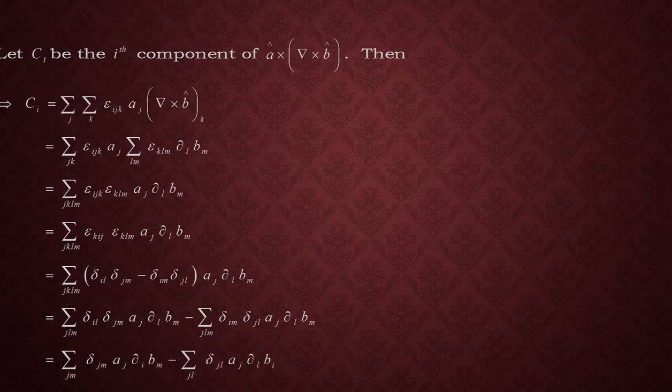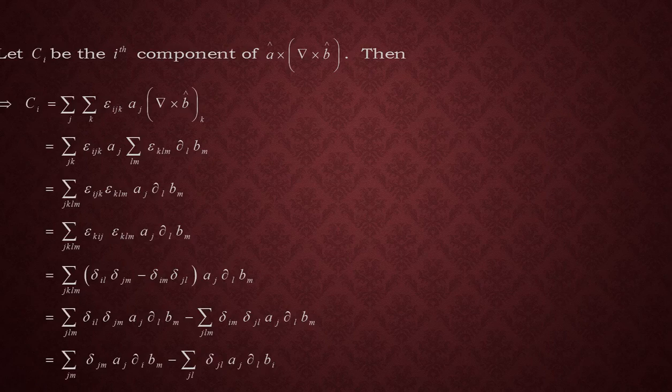Now the ith component C suffix i is equal to summation sigma over jklm epsilon suffix ijk epsilon suffix klm a_j dou_l b_m.